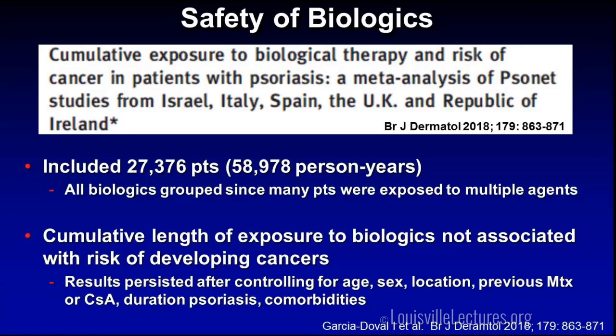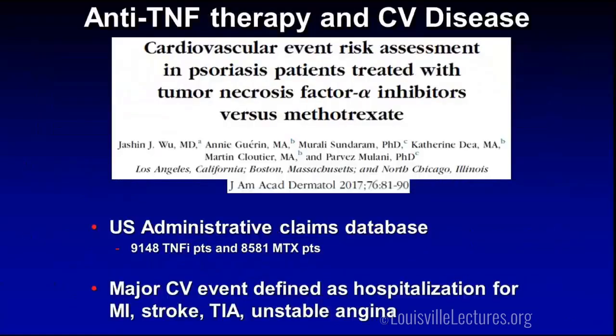And importantly, they grouped all the biologics together because patients in the real world are typically exposed to different biologics over time. They may lose efficacy and we switch them to something else. And what they found was that the cumulative length of exposure to biologics was not associated with the risk of developing cancers. And the results persisted after controlling for a number of different risk factors.